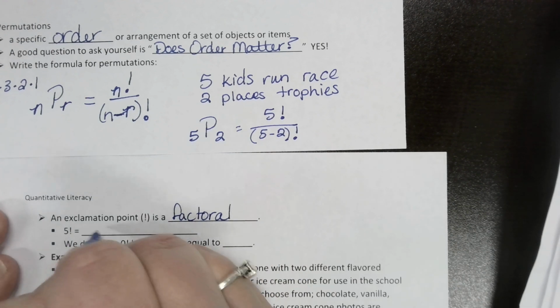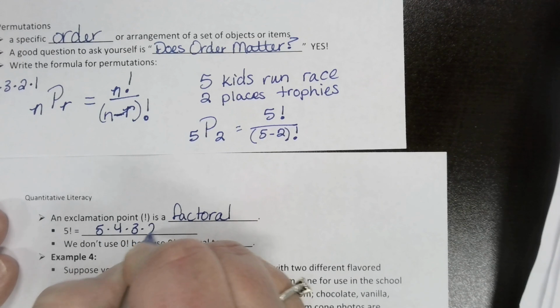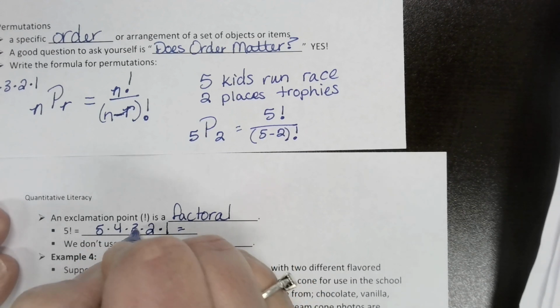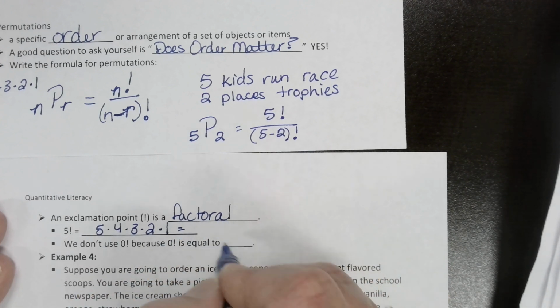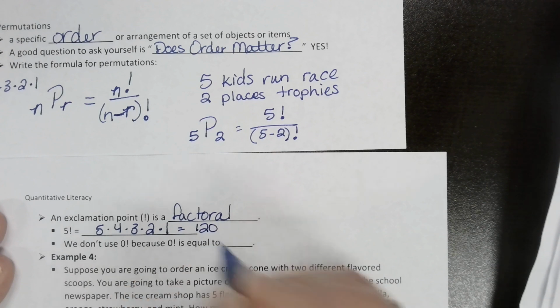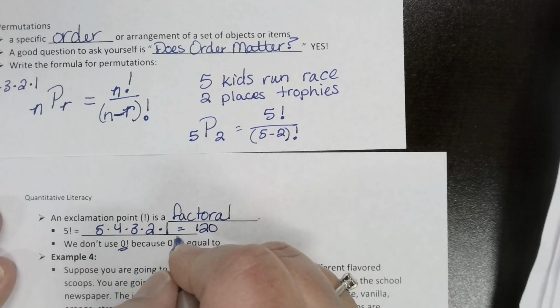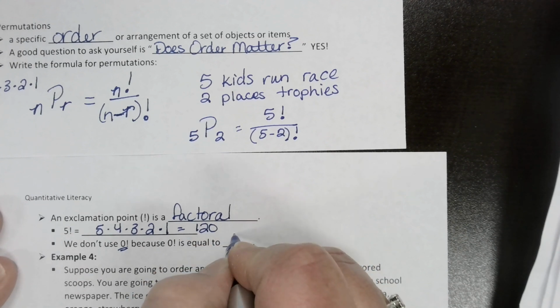So 5 factorial is 5 times 4 times 3 times 2 times 1. 5 times 4 is 20, times 3 is 60, times 2 is 120, times 1 is still 120. We don't use 0 factorial because 0 factorial is equal to 1.